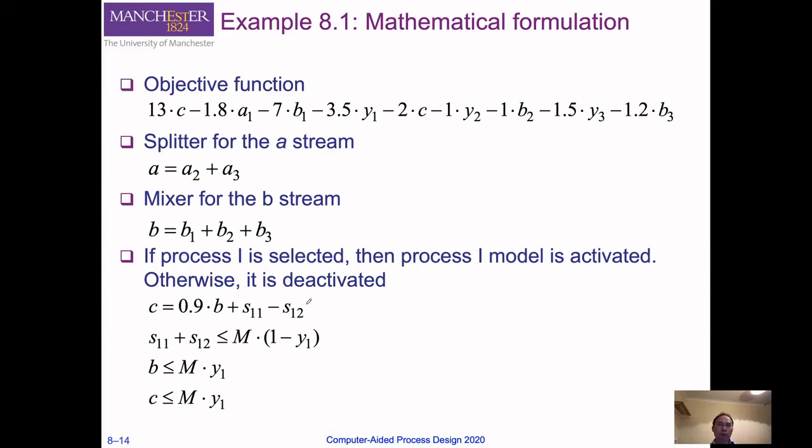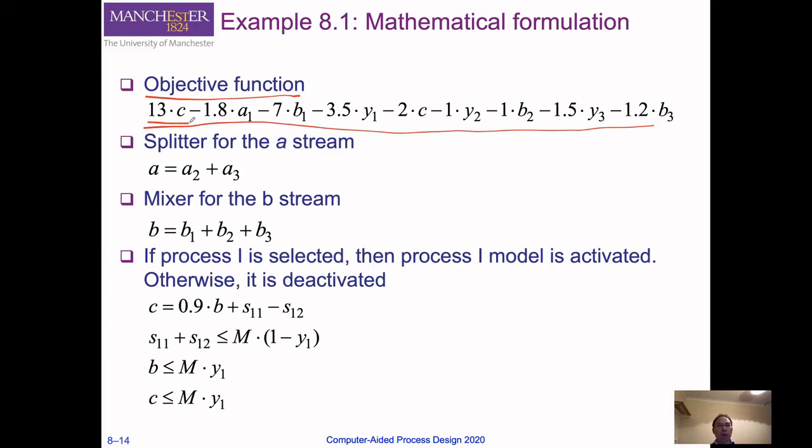We first write the objective function. The objective is to maximize total profit. It can be calculated by the revenue from sale of product C minus raw material cost and minus the operating cost of each process or plant. Then we can write this function. It's not too difficult.